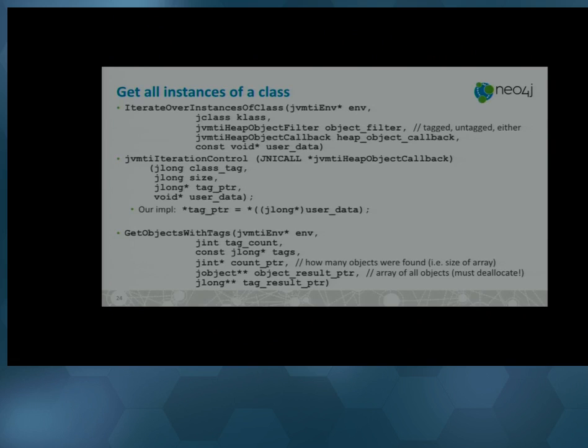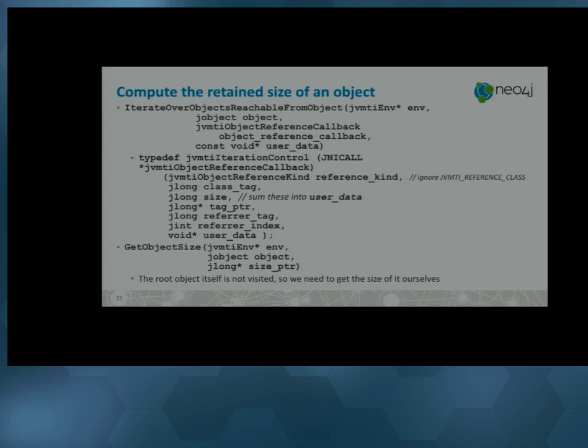Then we use the getObjectsWithTags method to get an array containing all the objects that were tagged, which we can then turn into a Java array and return to our Java code. We can do even more powerful things, similar to what getObjectSize did in the instrumentation API, by getting the retained size of an object.